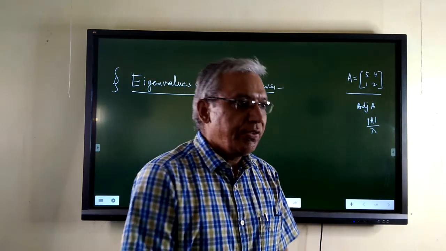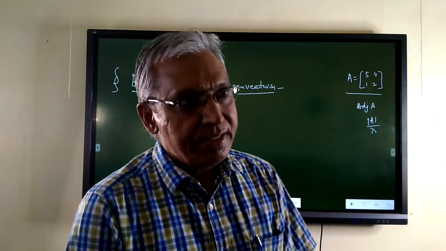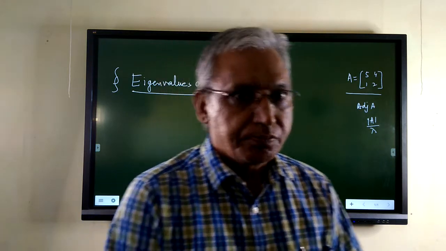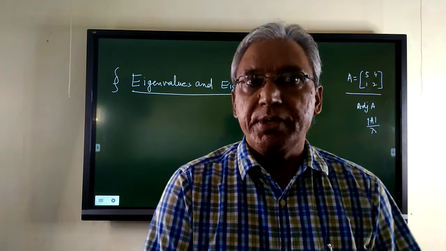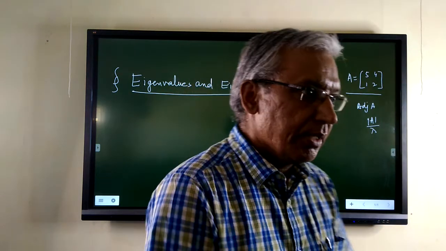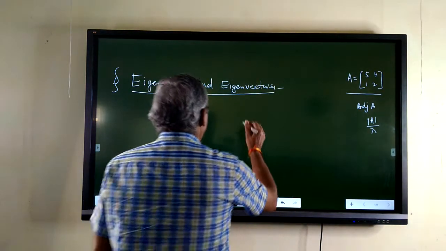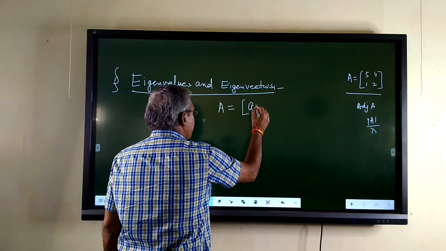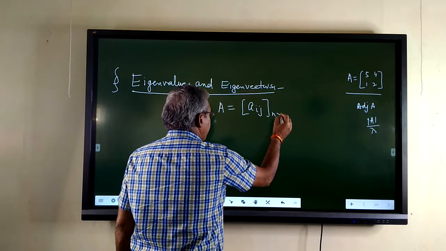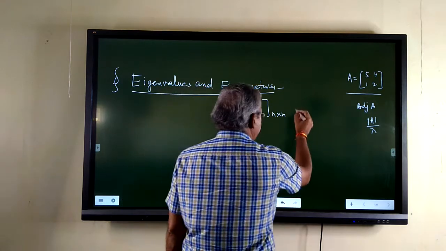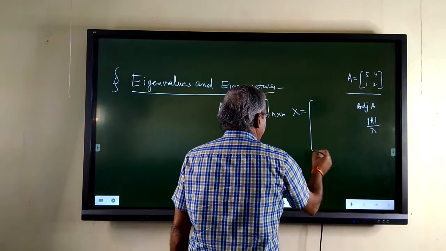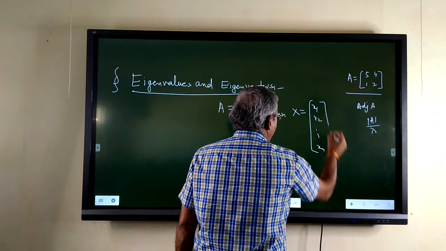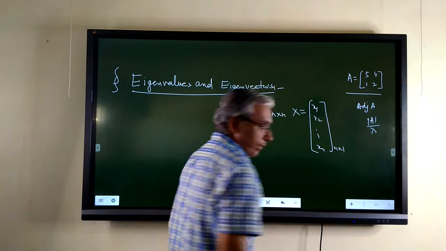Now we define the characteristic equation of the given square matrix A. Suppose A is a square matrix of order n by n and x is a non-zero vector of order n by 1.